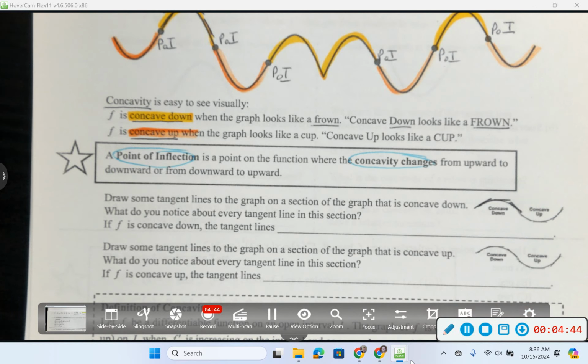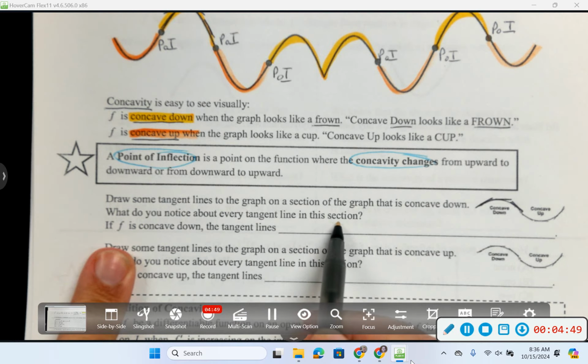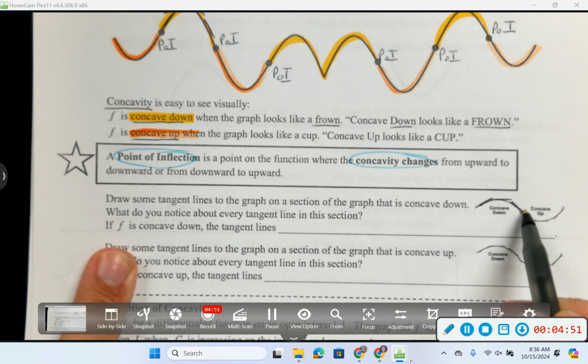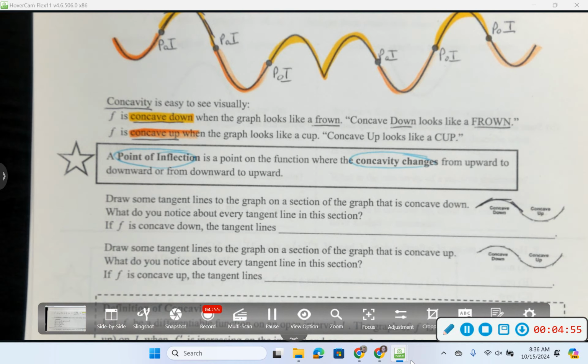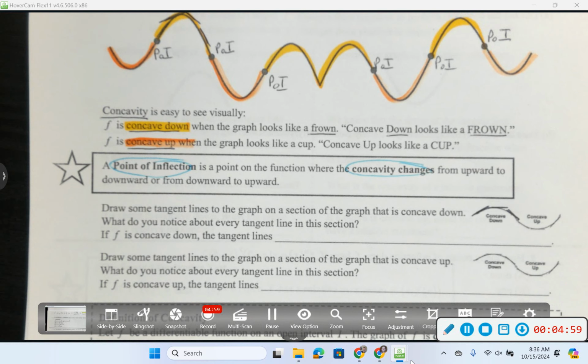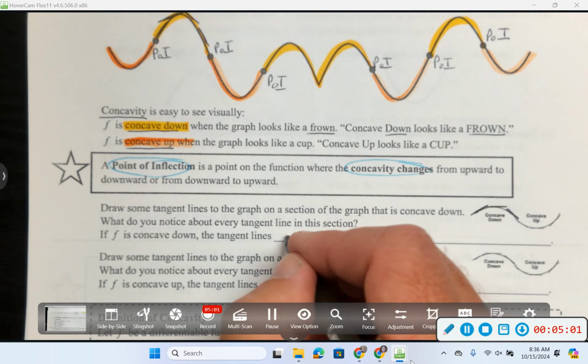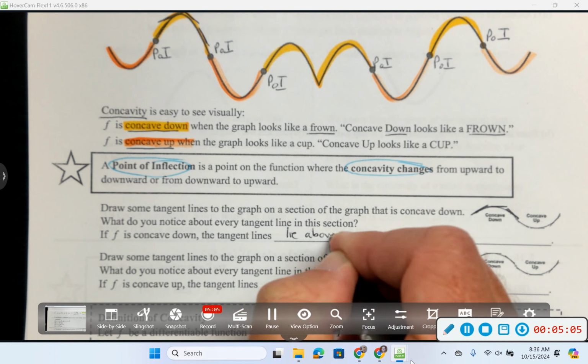And then just hold that thought, although now I'd ask you the question, what do you notice about every tangent line on the concave down sections? Where are they located relative to the curve? They're above the curve. The tangent lines lie above the curve.